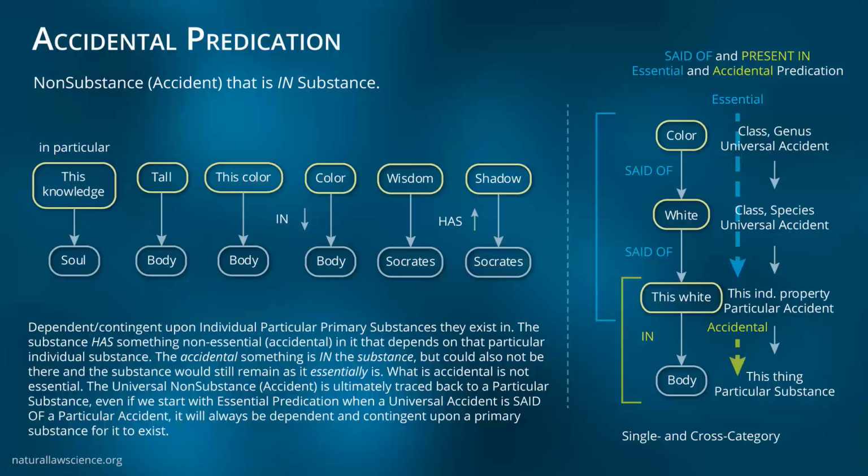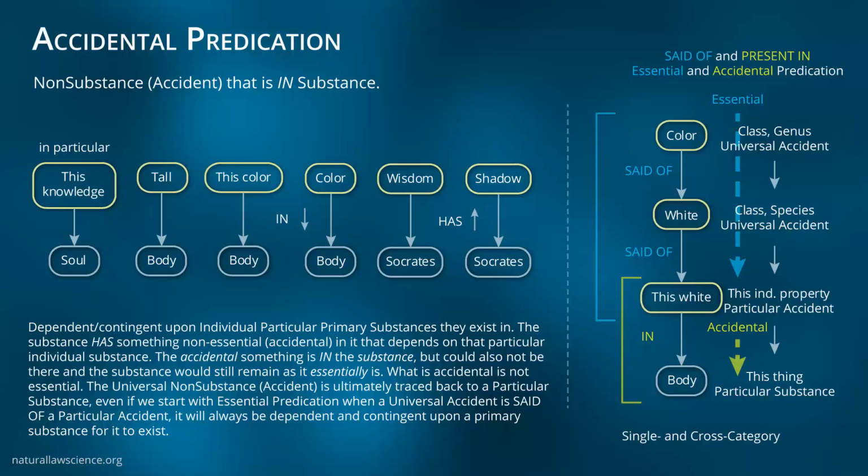So this example shows how accidental predication comes in, and how you can have essential predication with accidents that eventually lead to the particular substance, which is an accidental predication, because you're switching categories. So it's an example of a single and cross-category predication all in one.